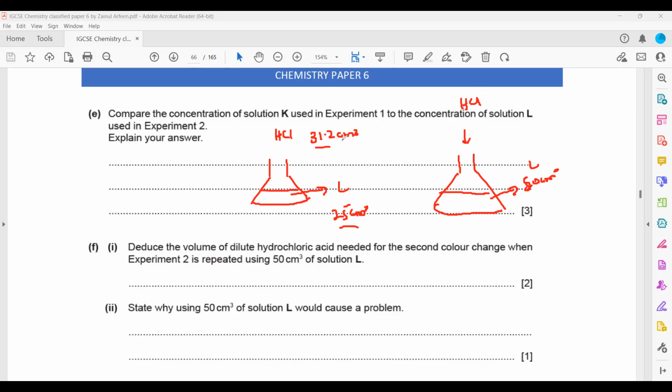So if 25 needs 31.2, for 50, double of it, how much does it need?